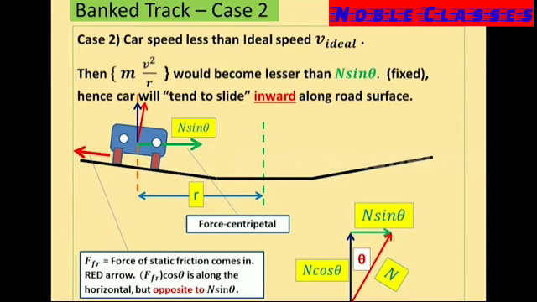Now let's get back to case 2, where the car speed is slightly less than the ideal speed. So here the car tends to fall inwards towards the center. Therefore, the frictional force will oppose that, and the static friction force is shown by that arrow, which is acting above and at a slanting direction towards the top of the road.